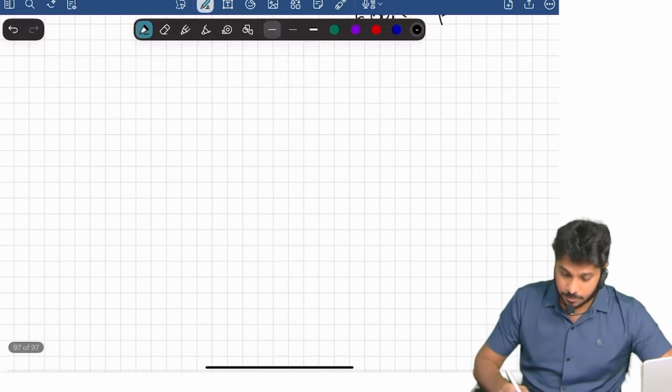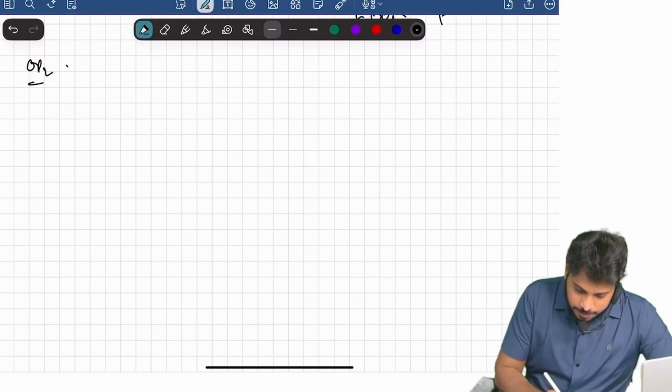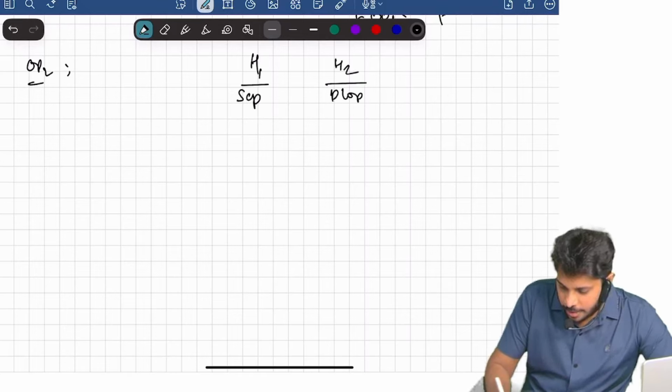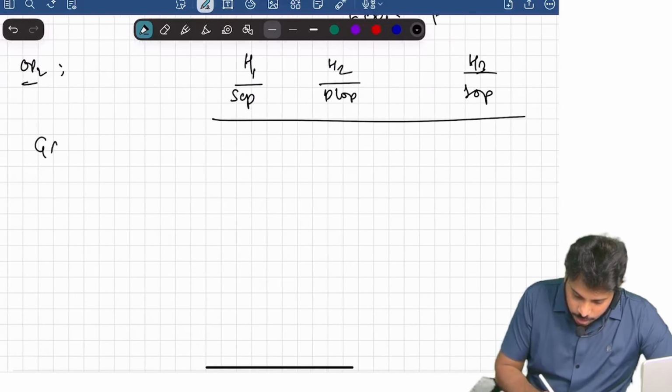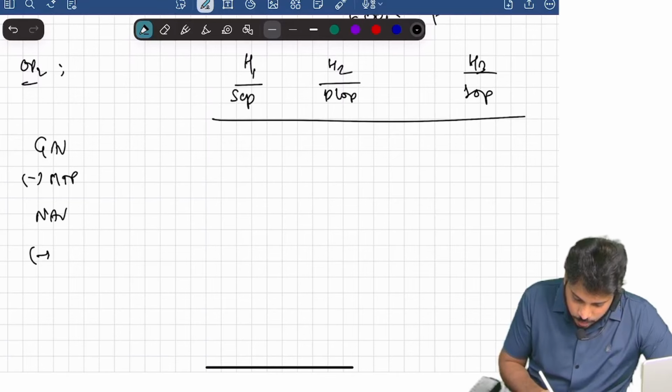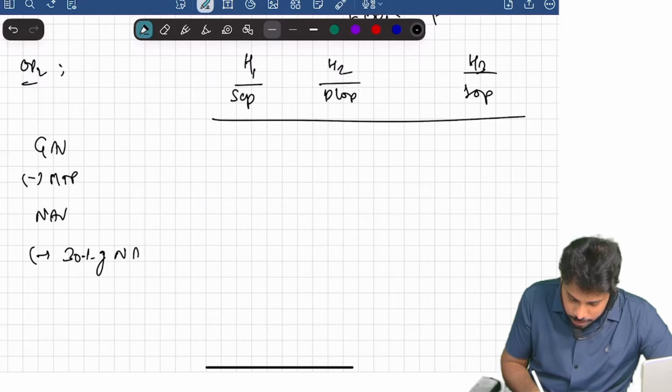Correct? Next, option 2. What is this? House 1 SOP, house 2 DLOP, house 3 SOP. Correct? Now again, gross annual value minus municipal taxes paid gives net annual value, minus 30% of NAV, and minus interest on loan.